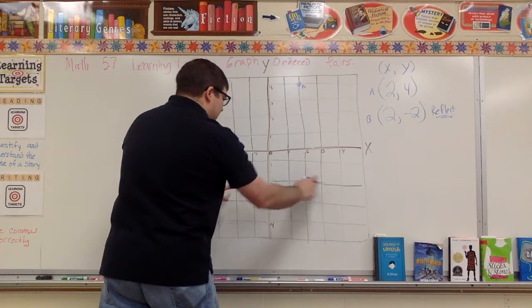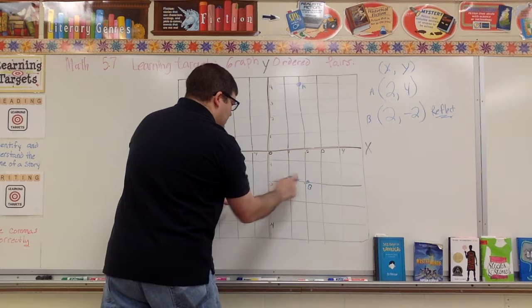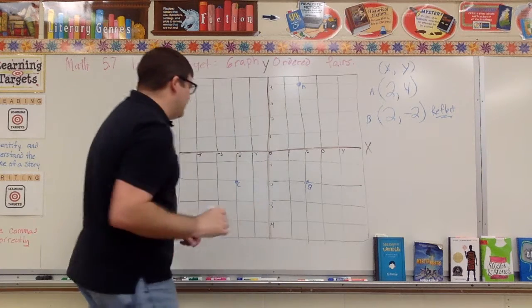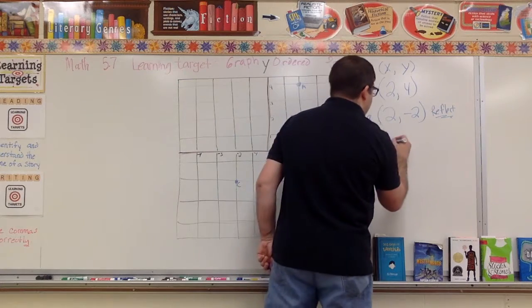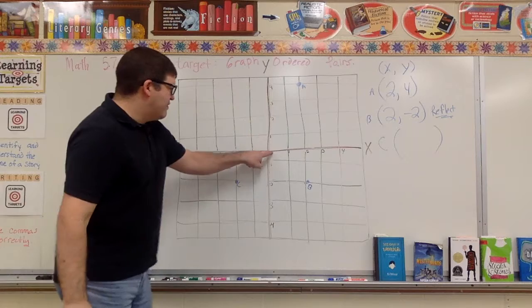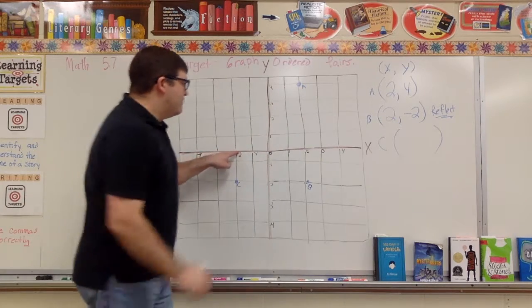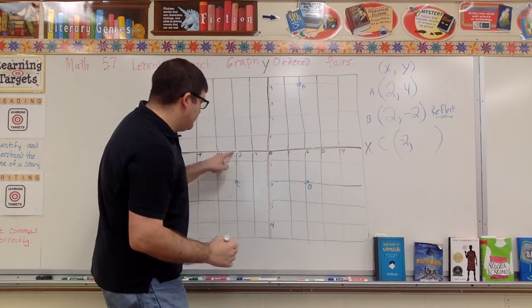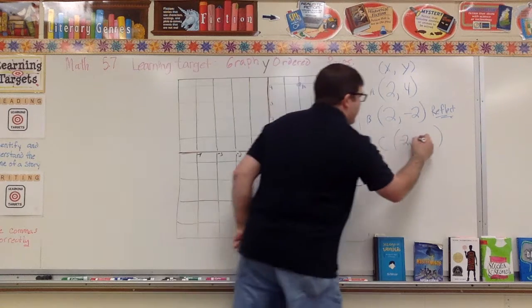So I'm going to be on this line still. And 1, 2. So I go over 1, 2. That's C. So C is the reflection of B, and I need to figure out what this is. X is -1, -2, and then I go down 2, which is -1, -2.